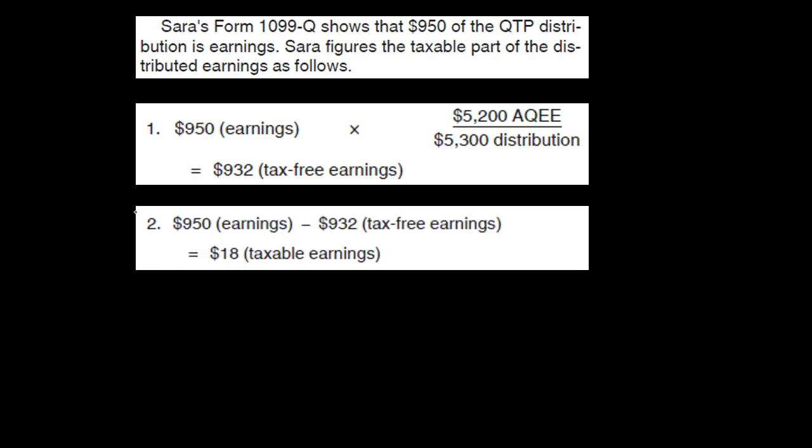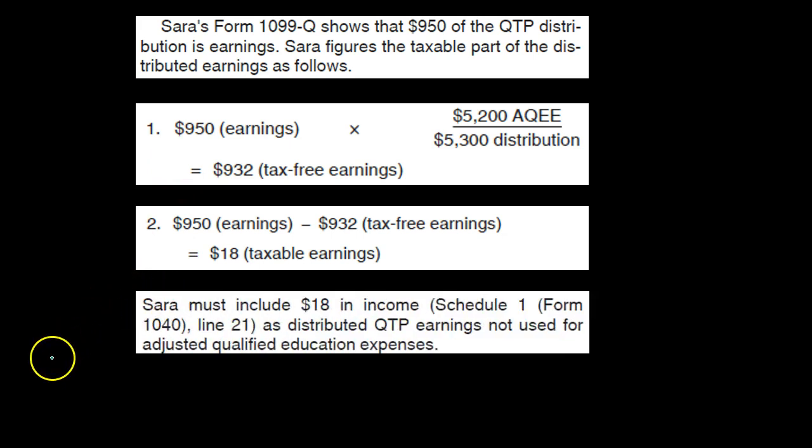And therefore, part 2, we'll take the 950, the total earnings, minus the 932, the tax-free portion, and we have the $18 taxable earnings. So Sarah must include $18 in income on Schedule 1, Form 1040, line 21, as distributed from QTP earnings not used for adjusted qualified education expenses.